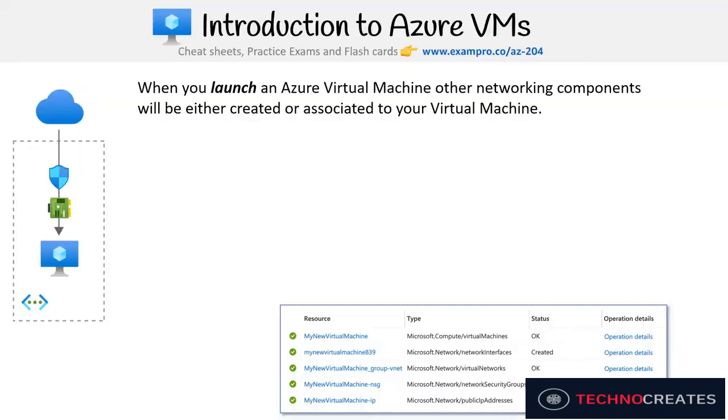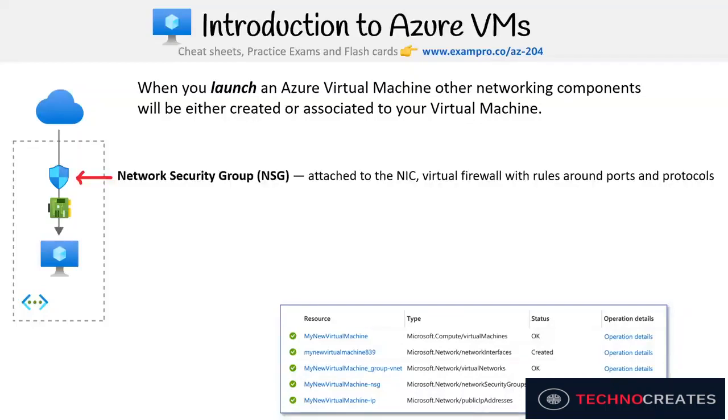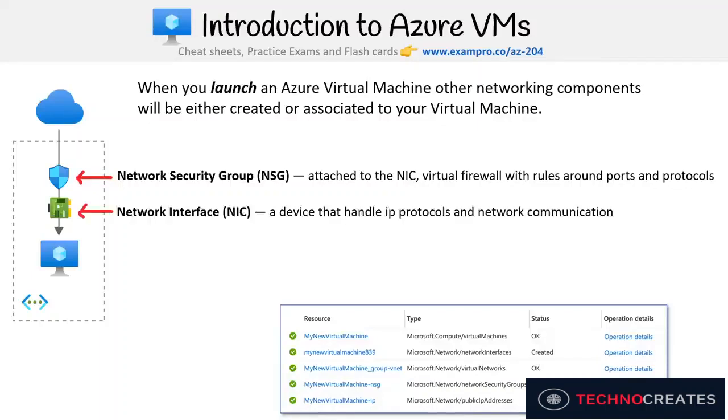But let's just run through these common components that you need to know, such as the network security group. This is going to be attached to your network interface. It acts as a virtual firewall with rules around ports and protocols. So that is what's protecting our virtual machine. You have the network interface that handles IP protocol. So that's how the virtual machine talks to the internet or other things on the network. You have the virtual machine itself, or the instance.